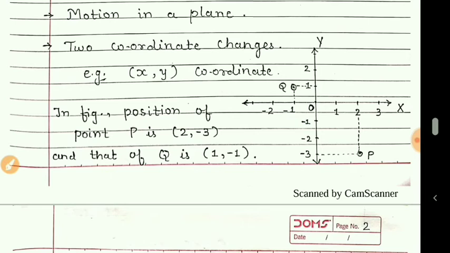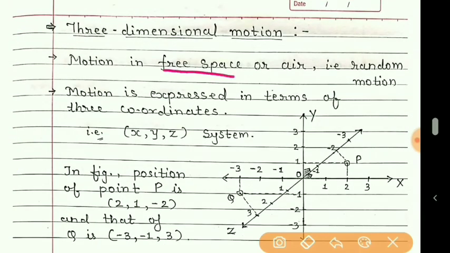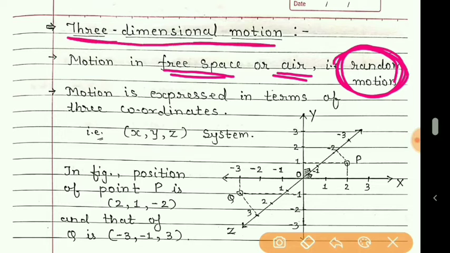Similarly, if the object is moving in free space or in air, that is random motion, then we call that type of motion three-dimensional motion.